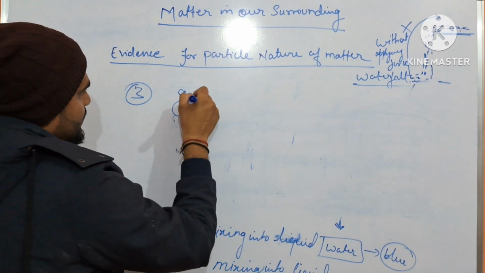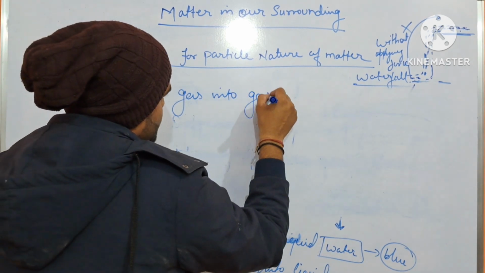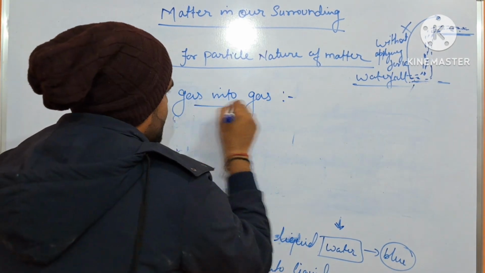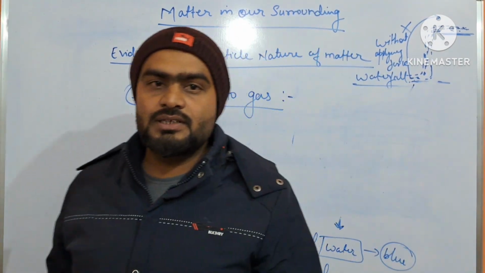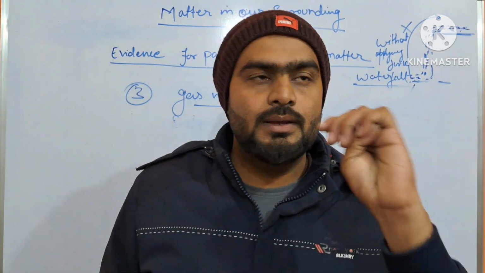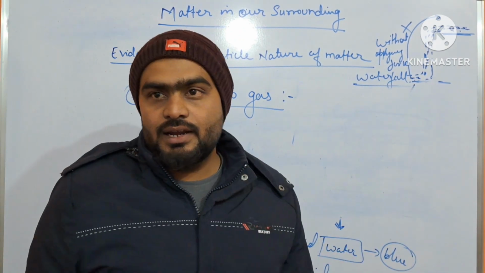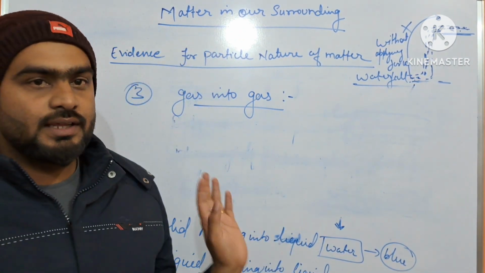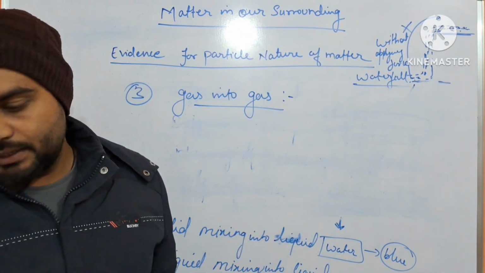So when we mix gas into gas, like in air there are a number of gases intermixed, like nitrogen, oxygen, carbon dioxide, methane. Everything is present in the air and they are intermixed. They are mixed together and form air.